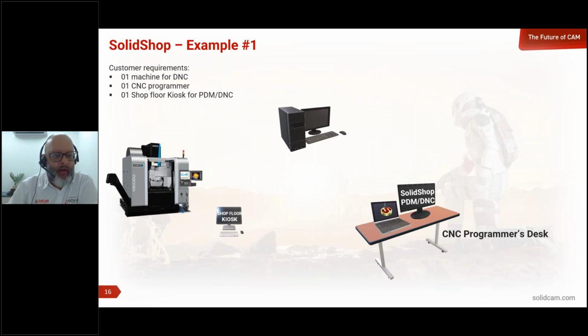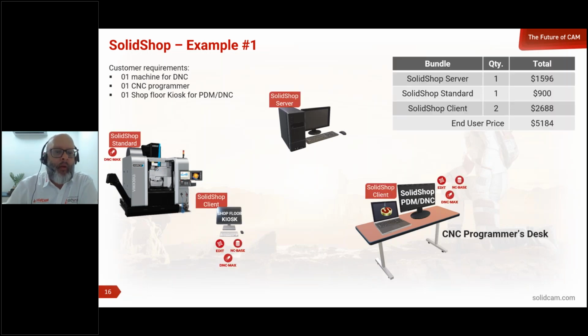And then we have a CNC machine and a computer in the shop floor where the operator can open the PDM database, view documents, perhaps open SolidCAM for operators and all that. So we would sell SolidShop server to be installed on a computer.